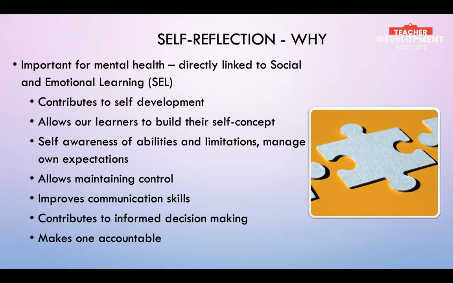Also recognizing what others can do, awareness of others and their abilities and the support that they might need and the expectations that they might have of a relationship. And also solving problems, improving our communication skills, and making ourselves accountable in order to make sure that we are making decisions that are coherent and that really improve our communications with others, but that especially contribute to our self-development.